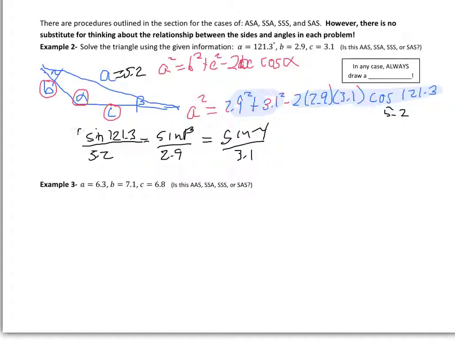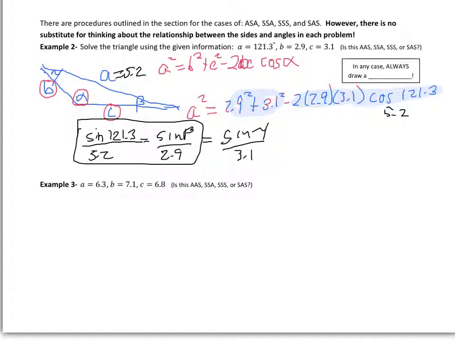So let's solve for beta here. What do we get for that? 28.5? Will somebody please verify for me? You take the inverse sine of 2.9 times sine 121.3 over 5.2, get that number, and then take the inverse sine of that.